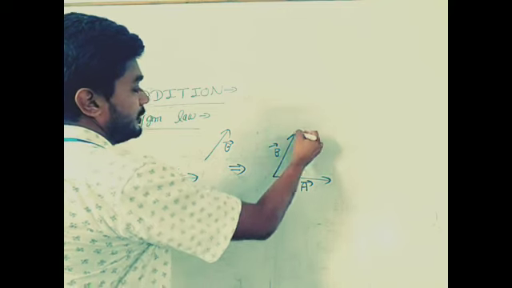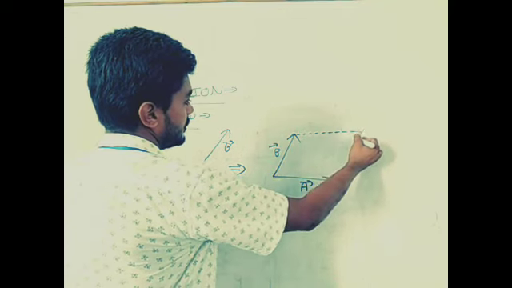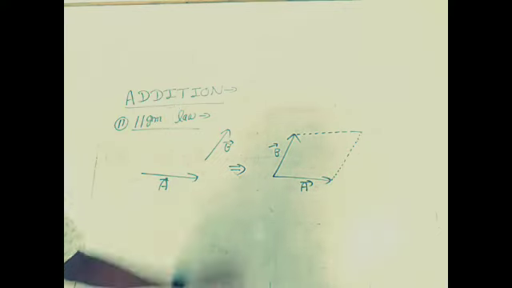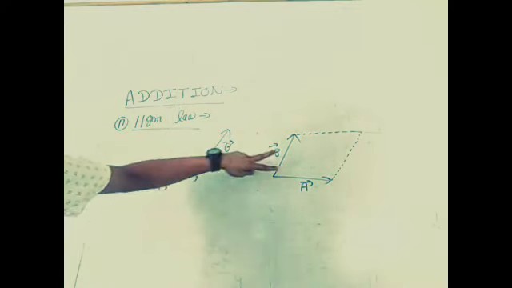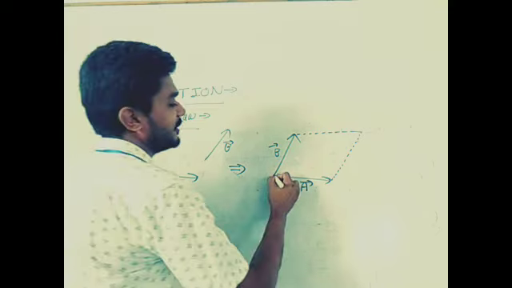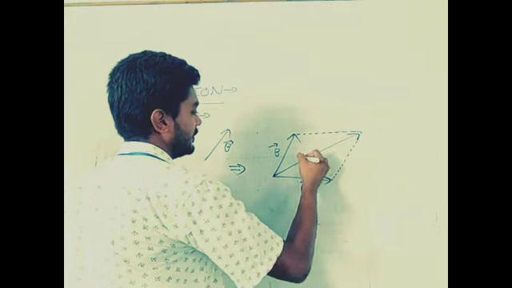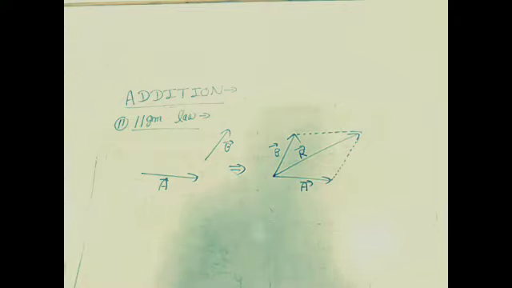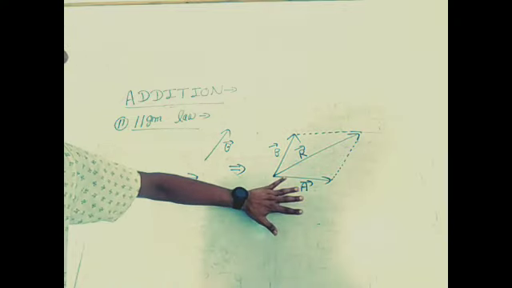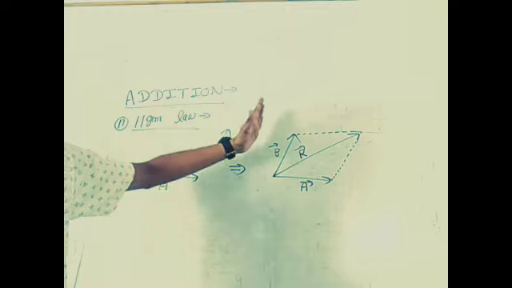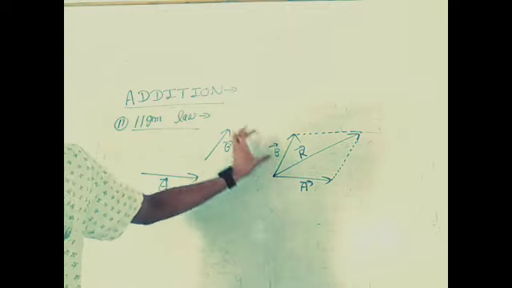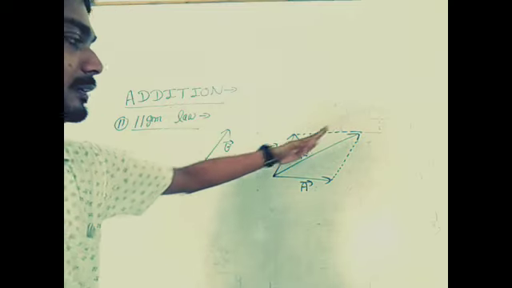And you can see these two vectors are combining together to form a parallelogram. Then the resultant will be the common diagonal. This common diagonal will give the resultant. So students, in parallelogram law, vector A and vector B are the adjacent sides of a parallelogram. Then the common diagonal will give the resultant.